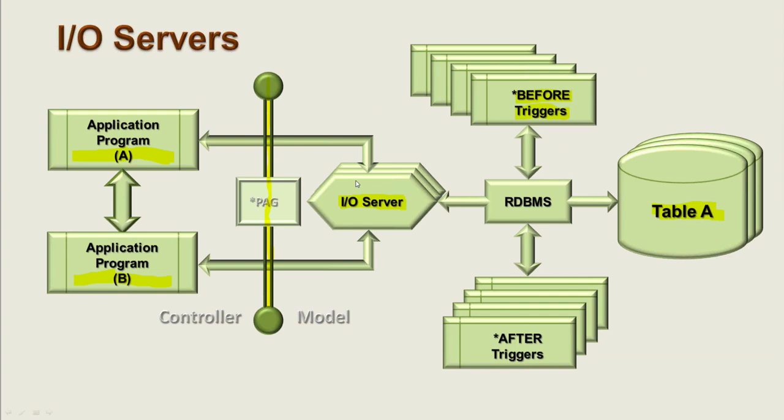Don't you still have to control who can call the I/O server program? Yeah, we don't want developers updating production data. Well, developers should never be working in a production environment anyway. And remember that the I/O server is a program.